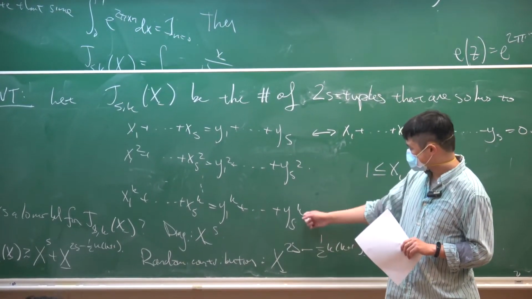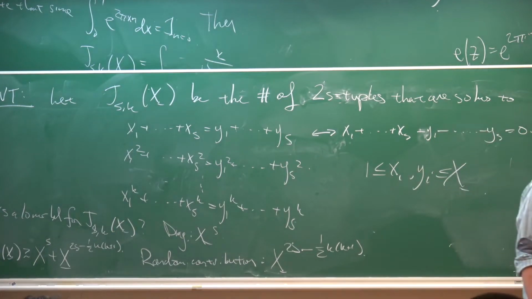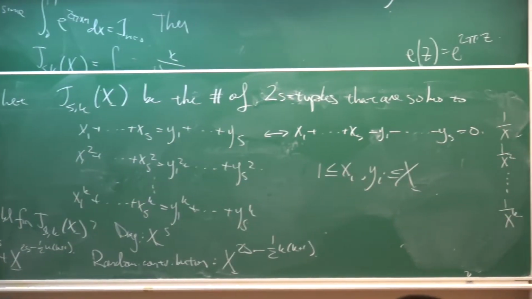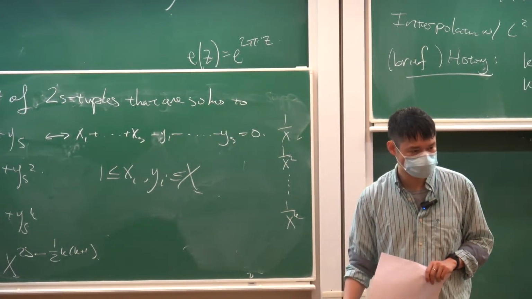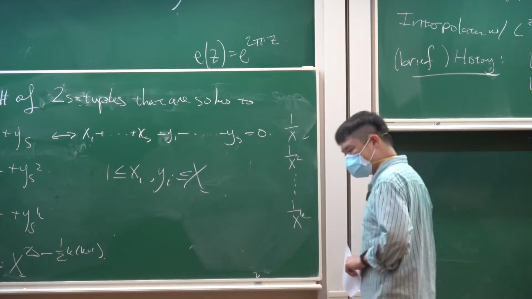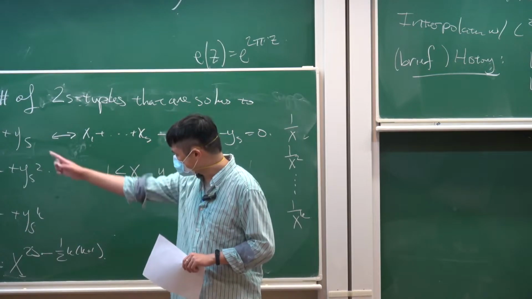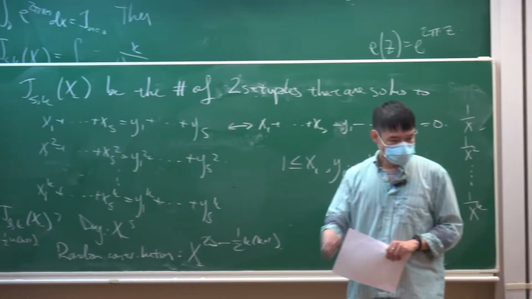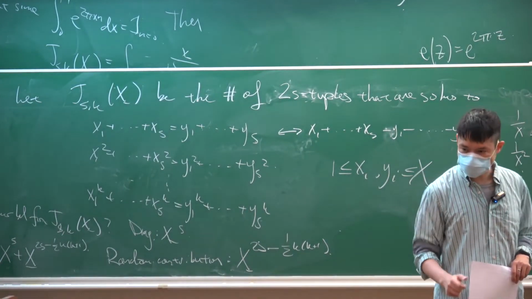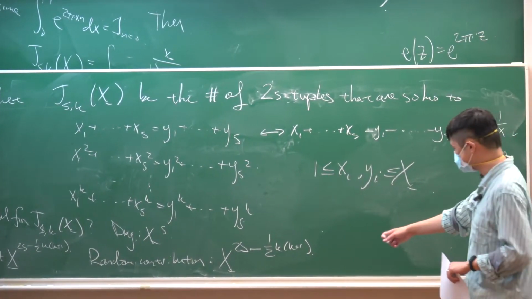It's dilation invariant because let's say I have a solution to this system, x1 to ys, and I multiply all the solution by 5: 5 times x1, 5 times x2, all the way to 5 times ys. That's also a solution. That's obvious. But more importantly, it's translation invariant. If I have a solution x1 to ys, then x1 plus 1, x2 plus 1, x3 plus 1, all the way to ys plus 1 is also a solution to this system.